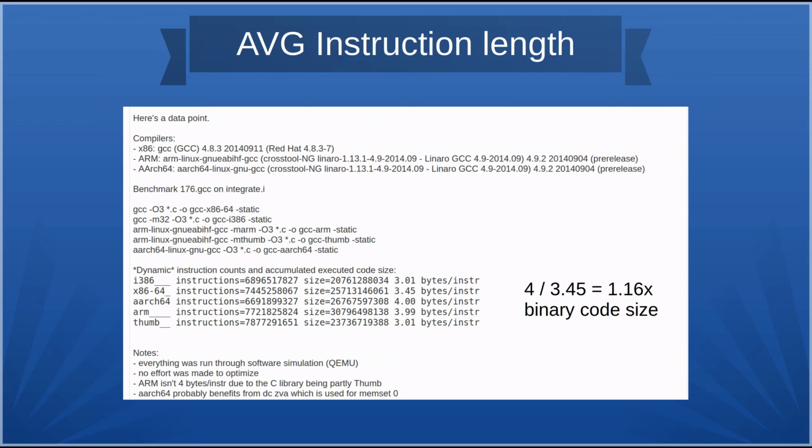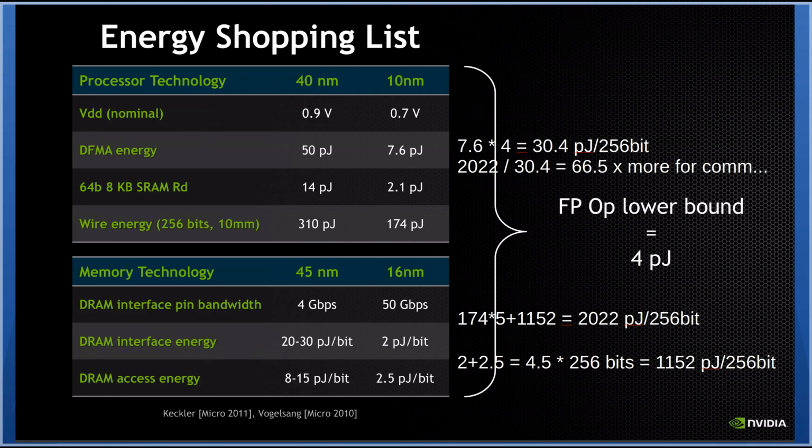It's patented by Apple. And if we take a look at the slide from the NVIDIA presentation called Energy Shopping List, you can see how much the double fused multiply-accumulate calculation costs in energy. On 10 nanometer it costs 7.6 picojoules. Compared to that, the wire energy for the communication costs much more than the calculation.